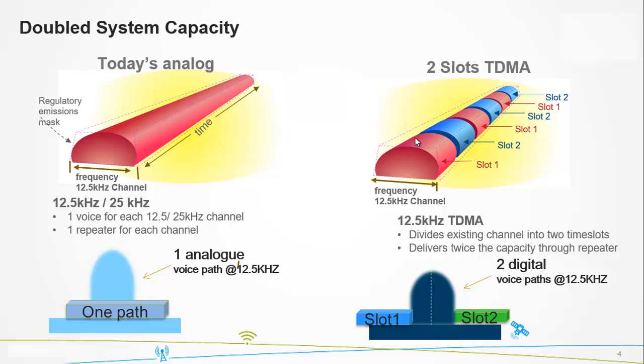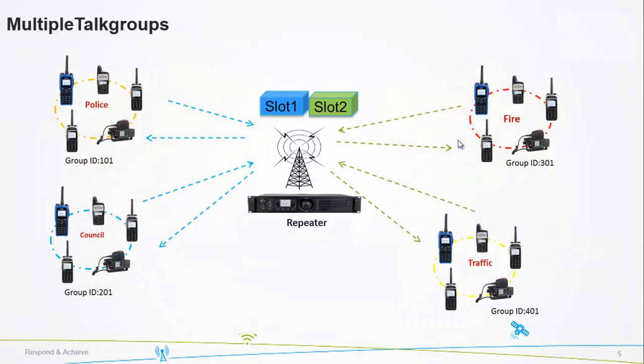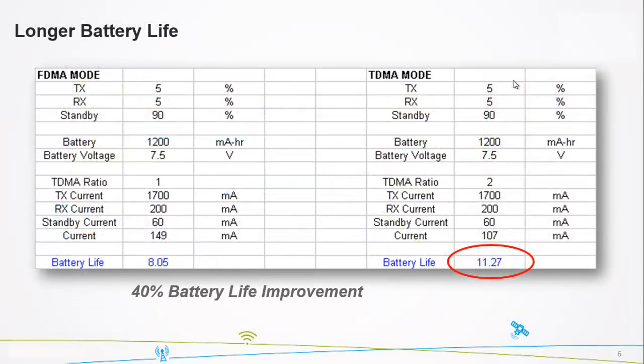So that time in which no one is using can be translated to power savings. Therefore, the DMR radio has more battery life than the standard analog radio.